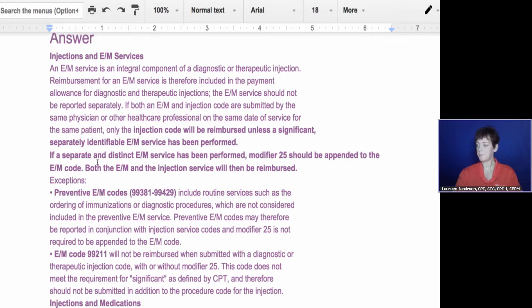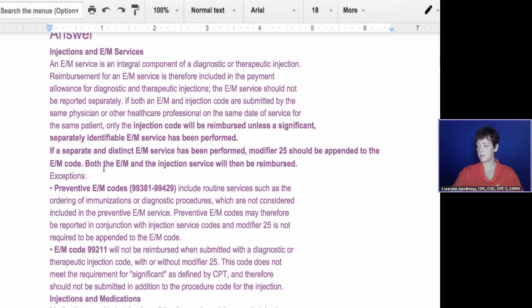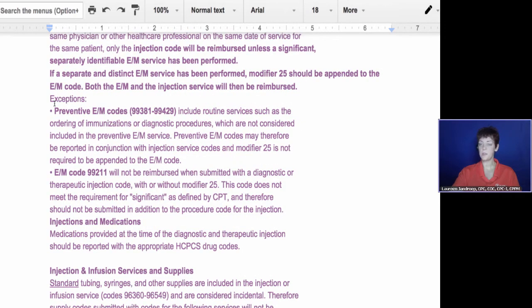Okay? Now, there are some exceptions. Preventative medicine E&M codes, the 99381 to the 99429 codes, include routine services such as the ordering of immunizations or diagnostic procedures, which are not considered included in the preventative E&M service.